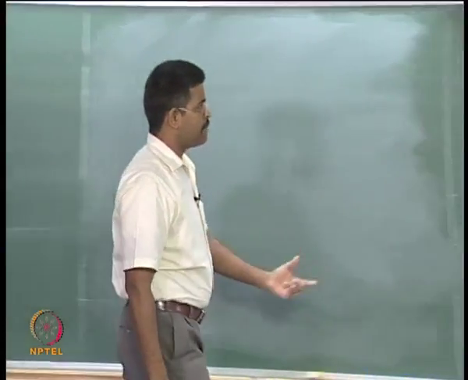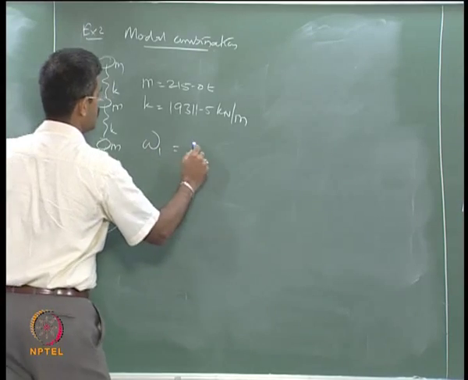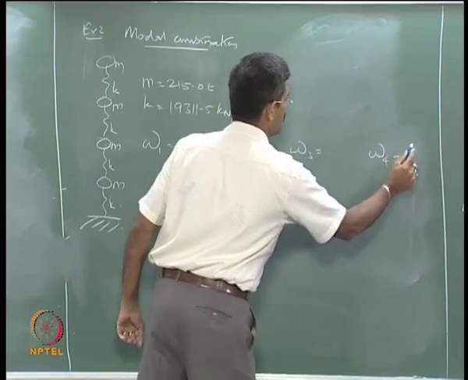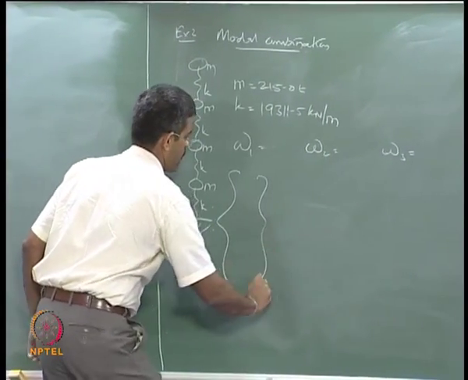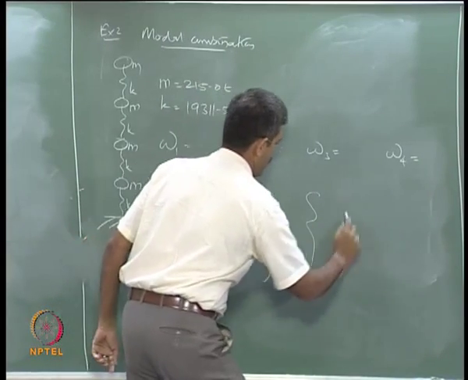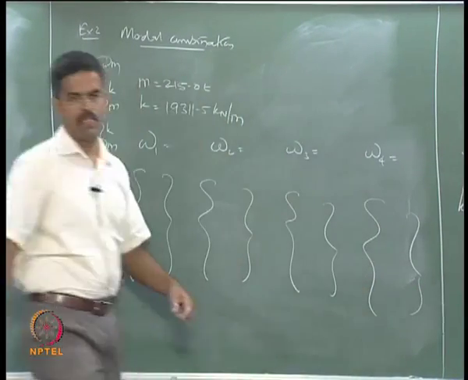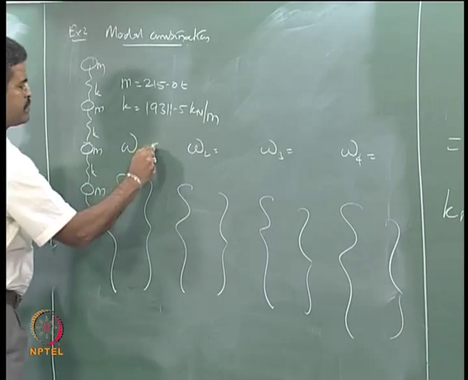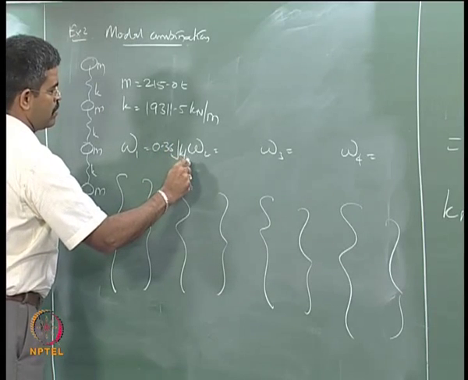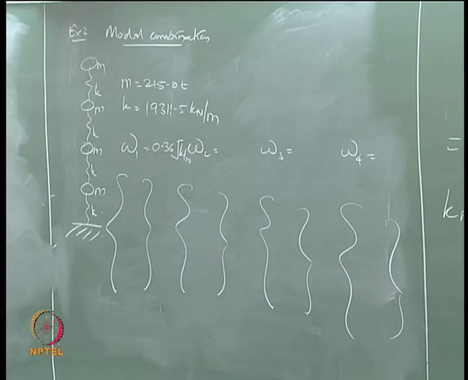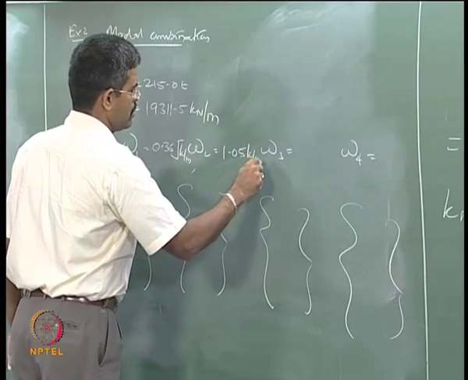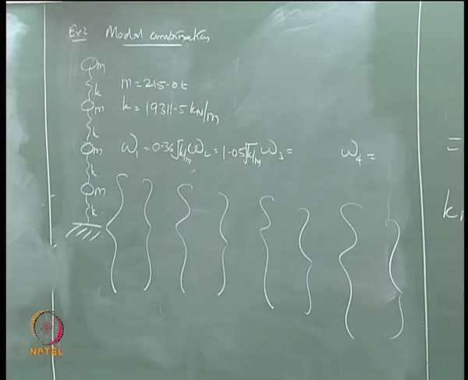After doing the K and M matrix, I have got omegas and phi's, which I have calculated: 0.36 root K by M, 1.05, 1.16 and 1.91.